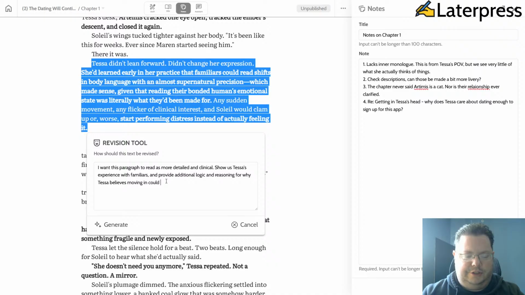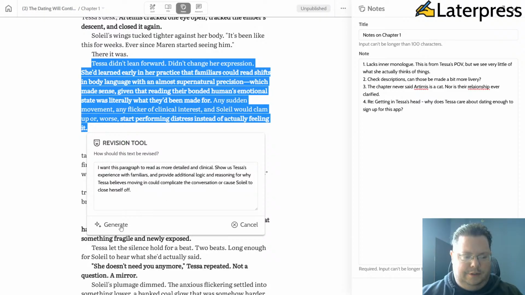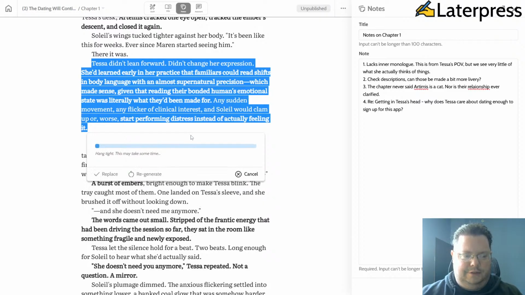Halt the conversation, could complicate the conversation, or cause Salil to close herself off. All right, so there I have explained my intent for what I want. I'm going to copy that just in case. And let's generate and see what it gives us for a revision.